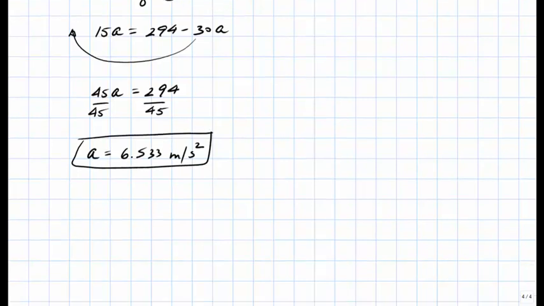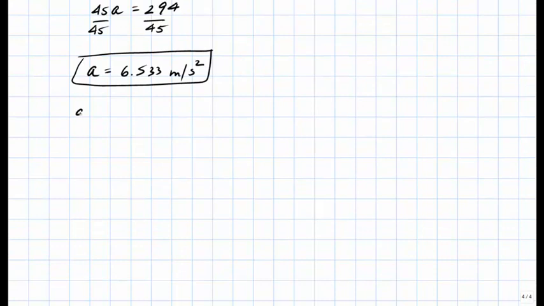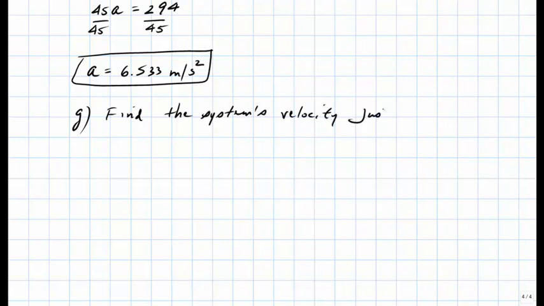In the last part of the problem, in part G, we want to determine the object's velocity. We'll call it the system's velocity just before M2 reaches the floor.